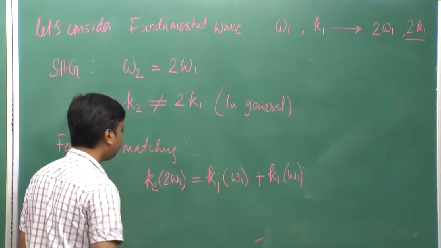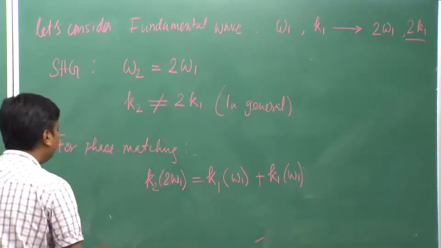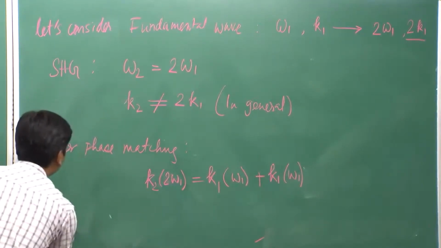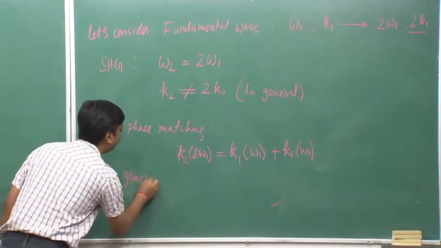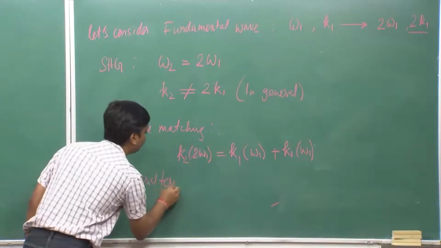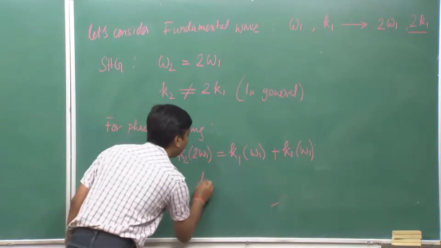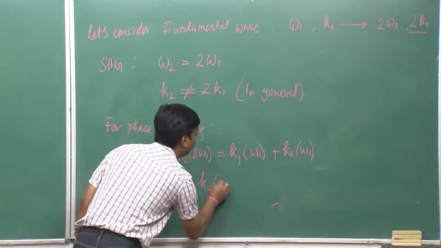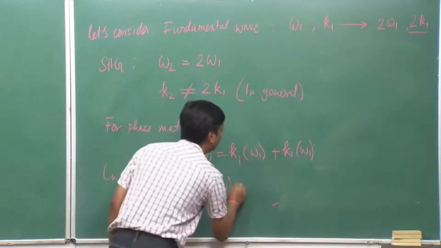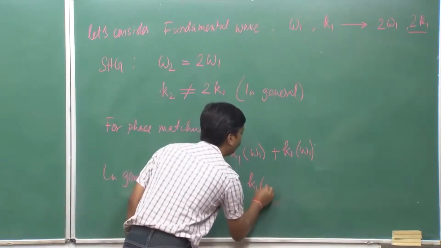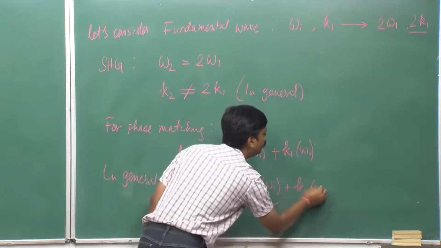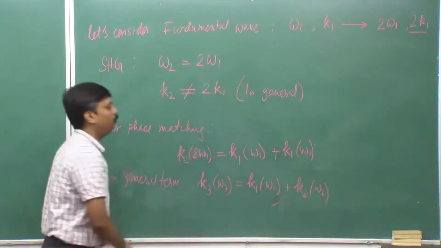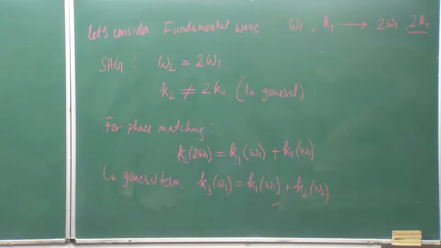And if I write it in general terms, I can write k3 omega 3 equals k1 omega 1 plus k2 omega 2, when I am not certain if omega 1 equals omega 2. Okay.